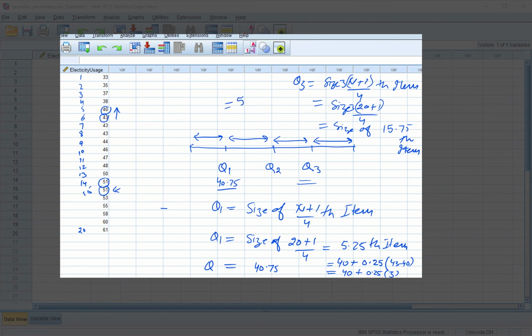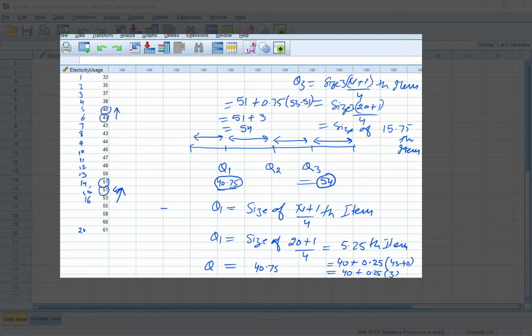So 15th item is 51 plus 0.75 of the difference between 15th item and 16th item, which is 53 minus 51, and approximately this is 3. So Q3 is 54. The value of Q3 is approximately 54 here.